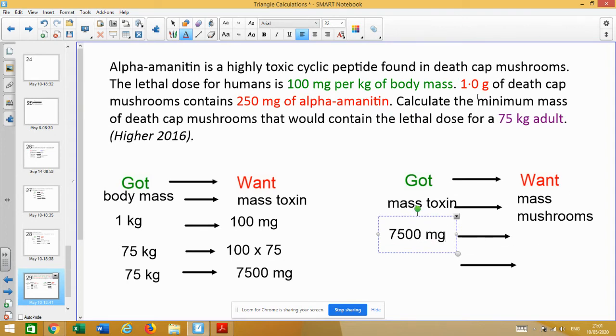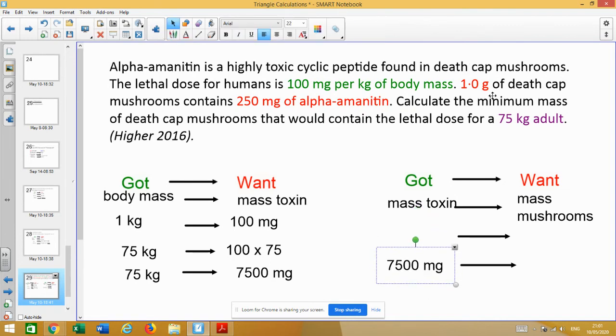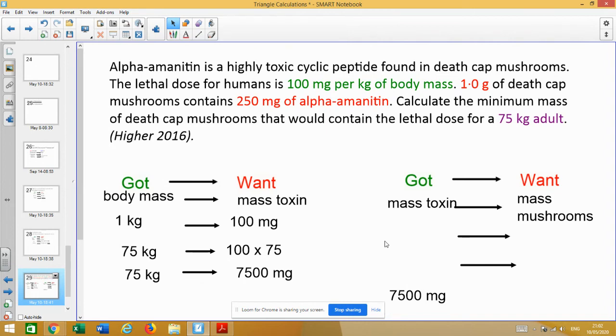It tells us that 1 gram of death cap mushroom contains 250 milligrams of alpha-amanitin. So we've got 250 milligrams is 1 gram of mushroom.